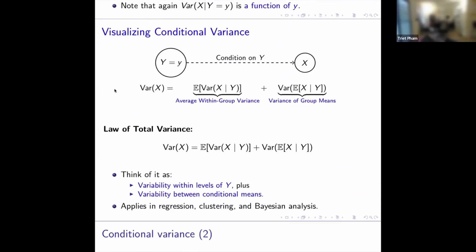However, the key here is the law of total variance. Most people probably know the law of total expectation, but when you ask them to write down the law of total variance, they probably would write down something like this: variance of x equals variance of x given y.